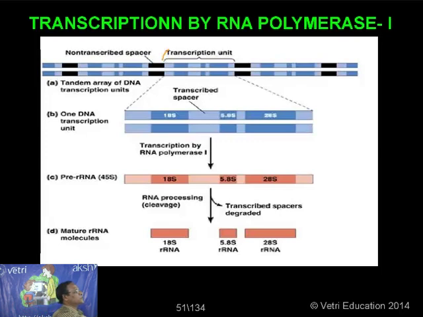This is the transcription unit in the DNA molecule, the transcribed part having both exons and introns. This is one segment of DNA, considered as a transcription unit, which is being enlarged here.